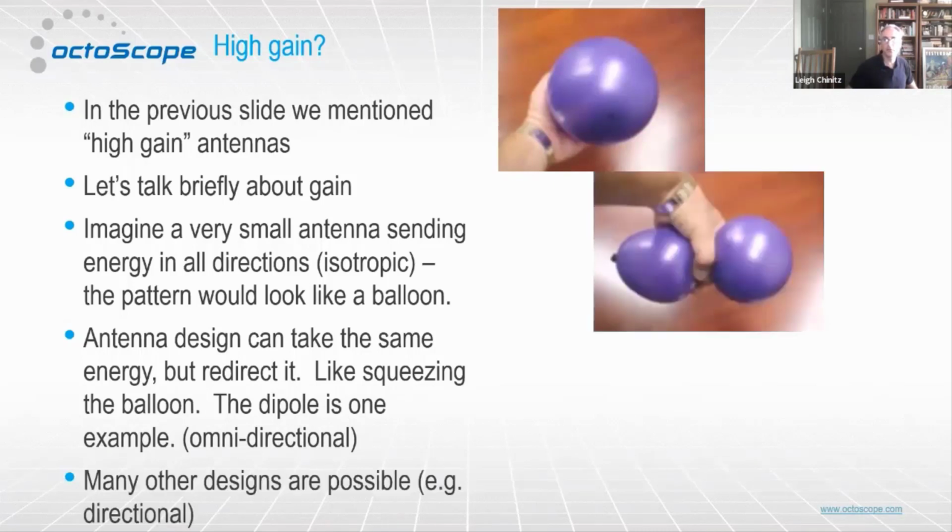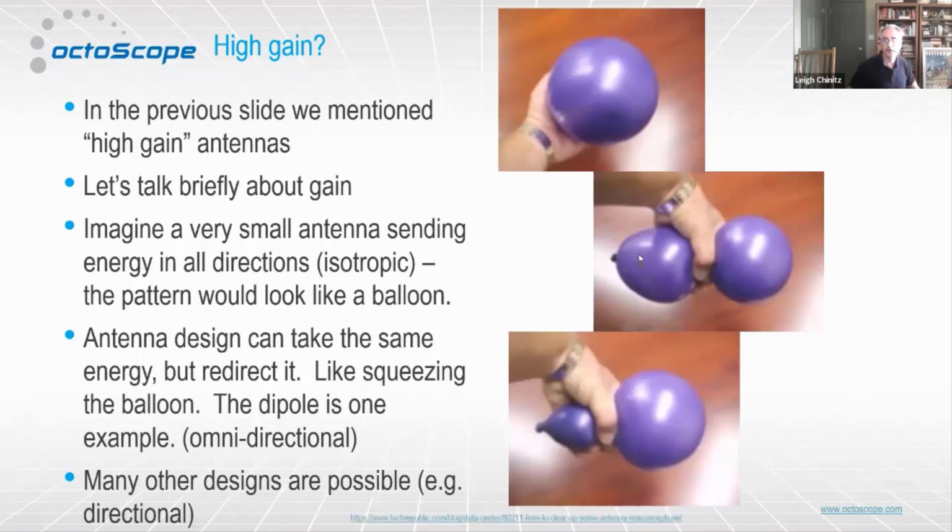The dipole is one example of that. As we said, it didn't have energy going up or down, but it had it going out in that donut-y shape. But other designs are possible too.